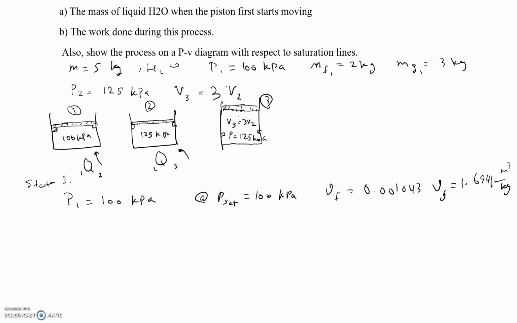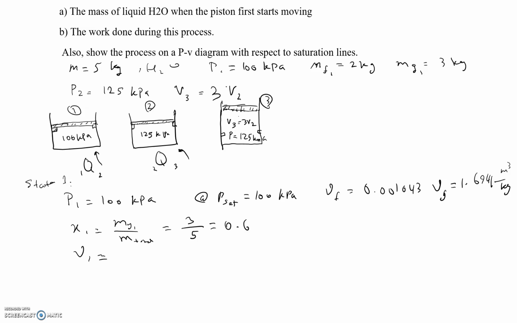Now, we are somewhere between these two specific volumes because it's a saturated vapor liquid mixture. We can calculate the quality, which is the mass of the vapor or gas divided by total mass, and that is 3/5, which is equal to 0.6, right? That was given to us, and based on that we can calculate the specific volume at state 1.